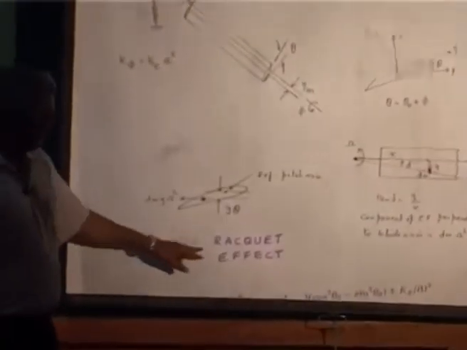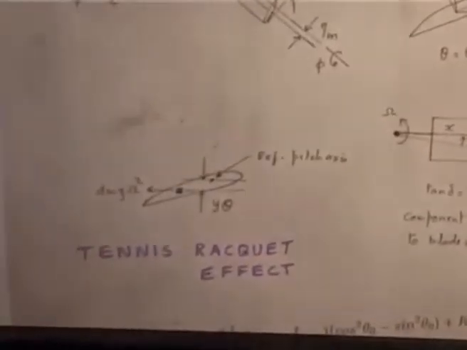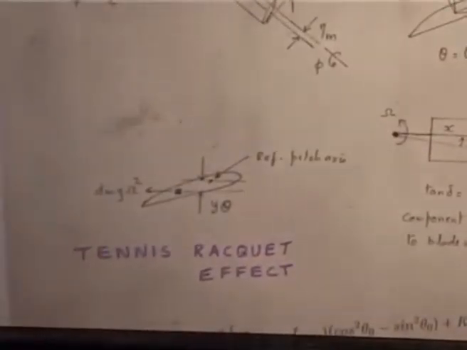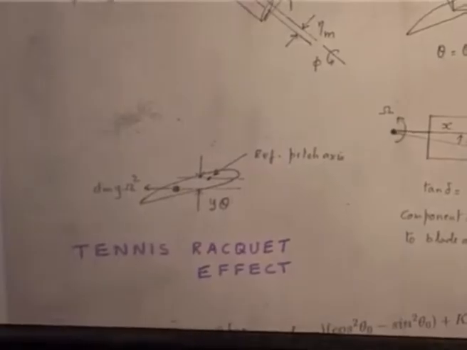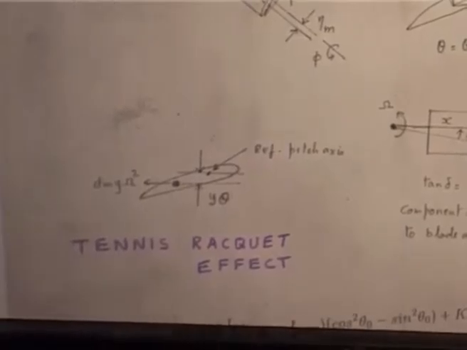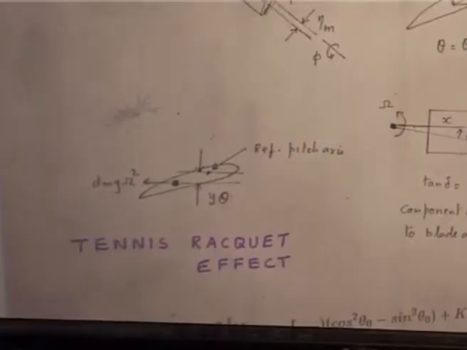That is why there is a term called the tennis racket effect. Later I will explain; the tennis racket is big and he is holding it and he keeps it at an angle. When he serves, see, if you rotate it, it will try to straighten, okay, because of the two centrifugal forces.